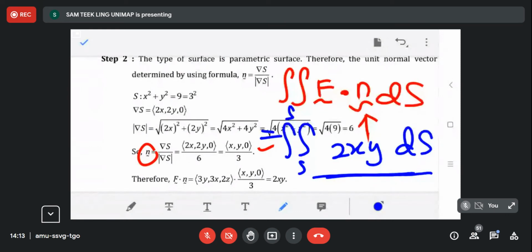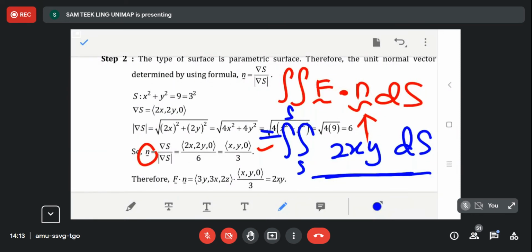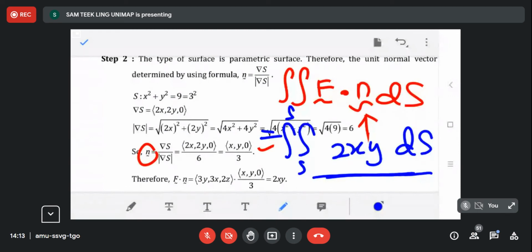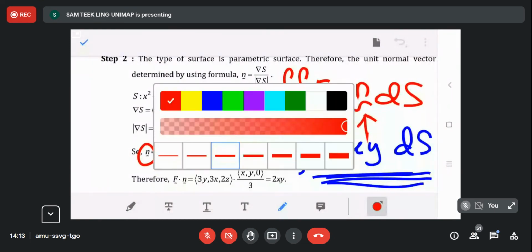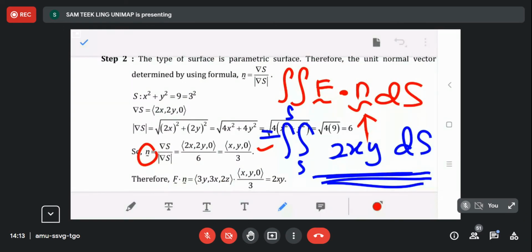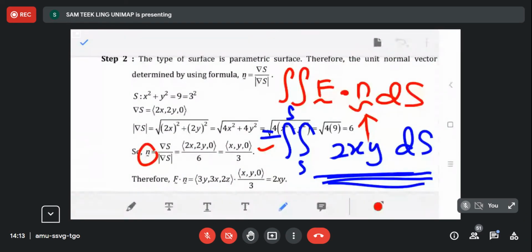Then after finishing dot product, you can substitute in your double integral formula. You replace all. Then in this form, we consider can use polar coordinate or not. If cannot, if the picture is not a cylinder or not a sphere or not a circle, so this one, your dS will go back to like your triangle, dx dy. You can solve like this.